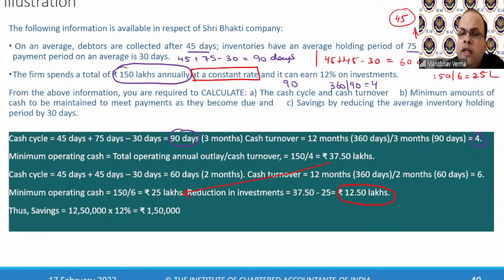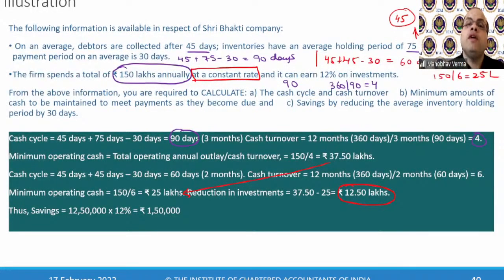Charu is saying she did not understand what the C point is talking about. Charu, this is exactly what I was just explaining: we are calculating the saving by reducing the average inventory holding. We need to understand what changes. First, I made the holding time 75 minus 30, that is 45. Then we have to do the recalculation. What is my cash cycle now? 60 days. What is the number of cash cycles, or the cash turnover? That is 6.